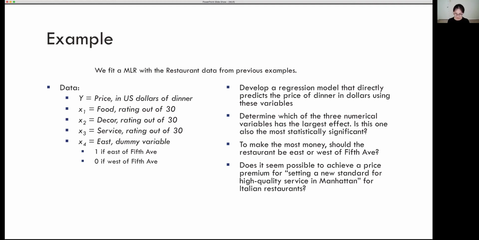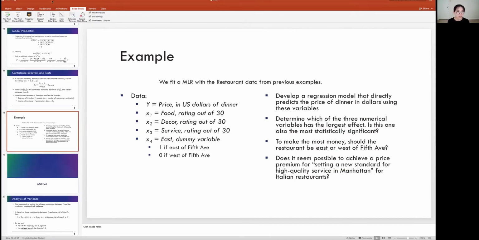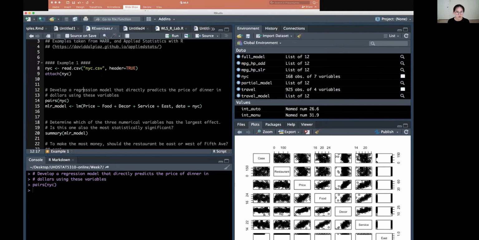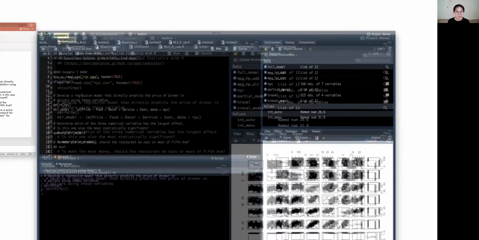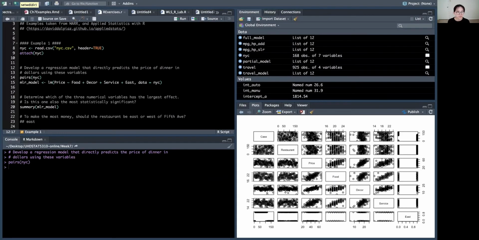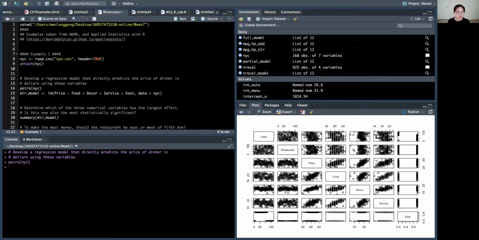Let's take a look at the code. Okay, this is the R code I have for that example.